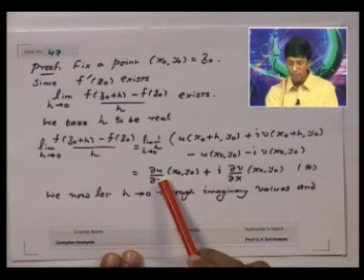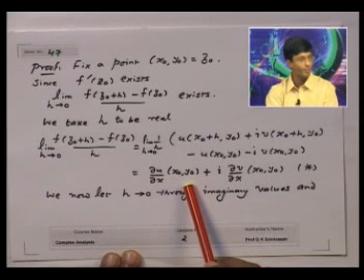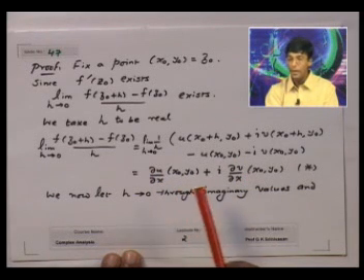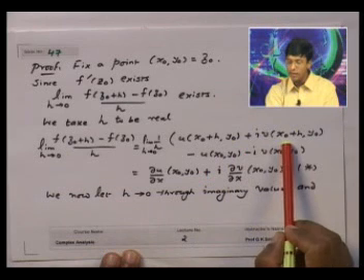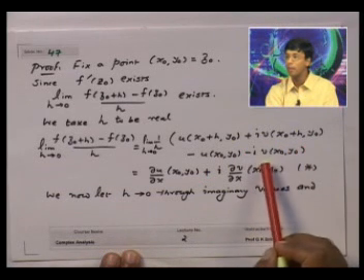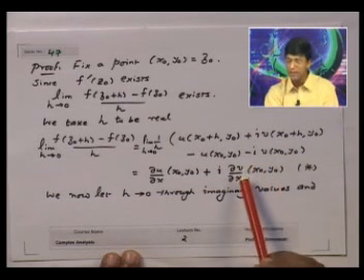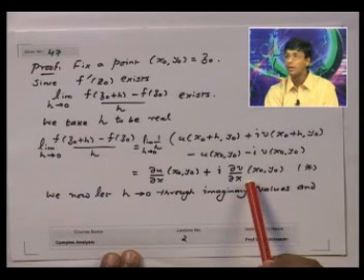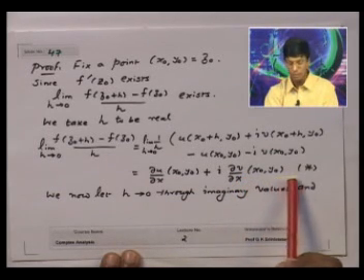What is that? Del u by del x at x naught comma y naught, plus i times v of x naught plus h comma y naught minus v of x naught comma y naught, divided by h. That is del v by del x at x naught, y naught. Right, that is star.